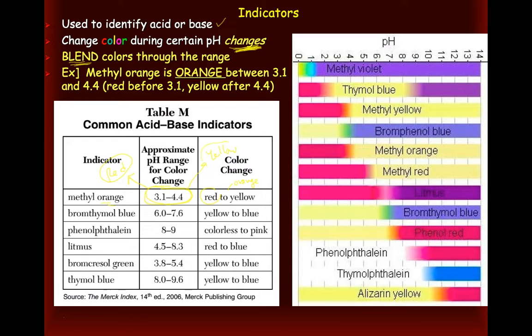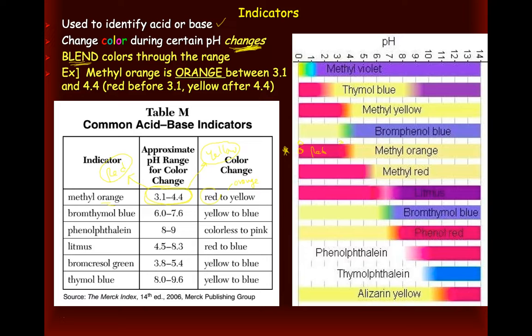So again, that's important to know because methyl orange is only really useful when it changes color through that pH range. Now, if you take a look at methyl orange in our little chart here, you can see its range from pH 0 all the way through about 3.1, where it's red.